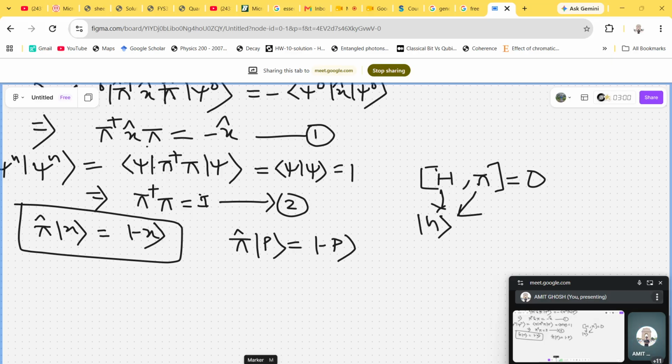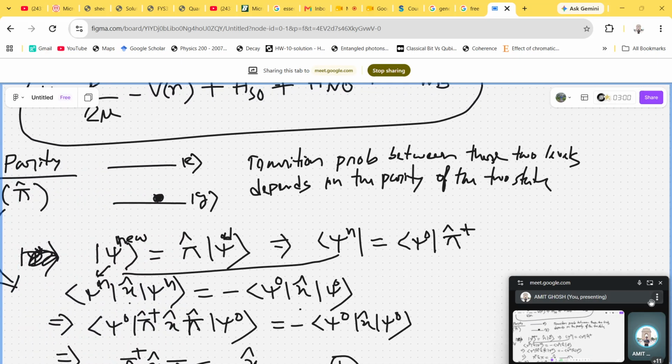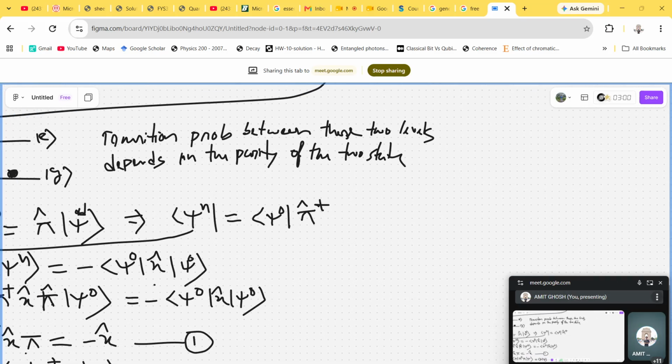So now the main thing was the transition probability, right? The transition probability between the two states, ground and excited state, is proportional to the matrix element between n and n prime, or I should write this, their notation is E and G. So Γ_EG is given by this.